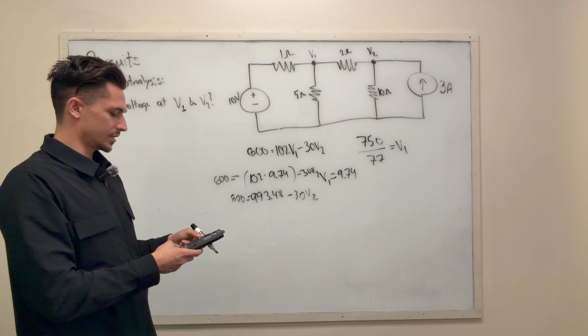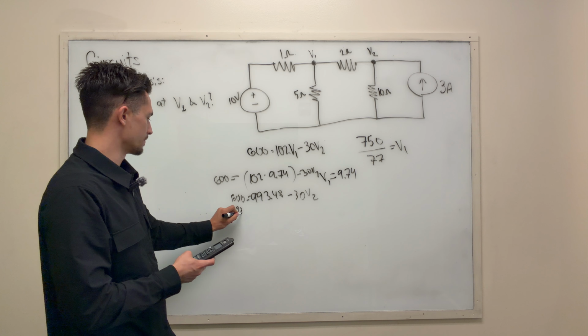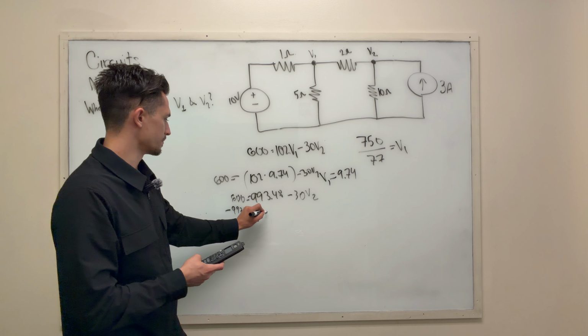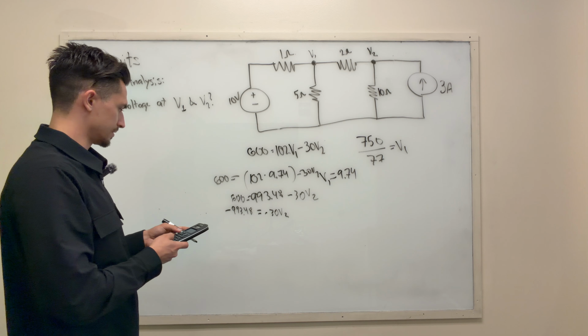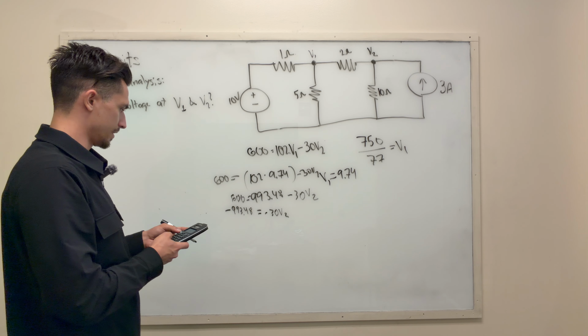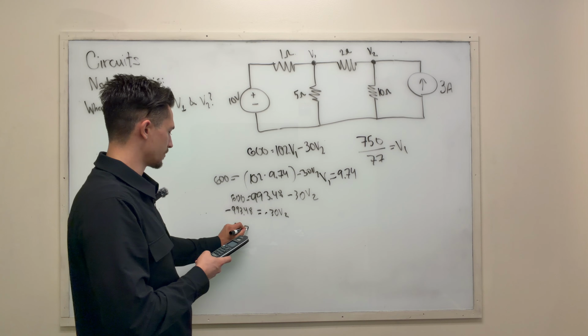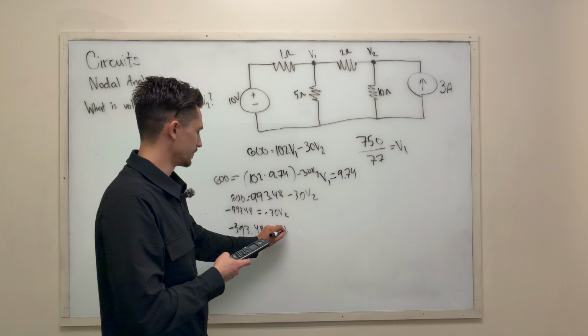And so we can do 600, move this to the other side, which is minus 993.48 equals minus 30 v2. So then we do 600 minus 993.48, which gives us negative 393.48, which is equal to negative 30 v2.